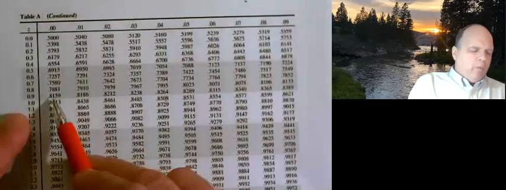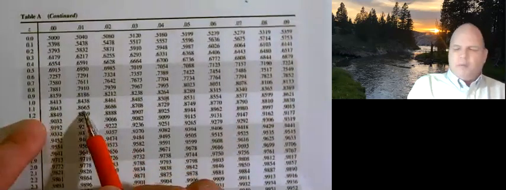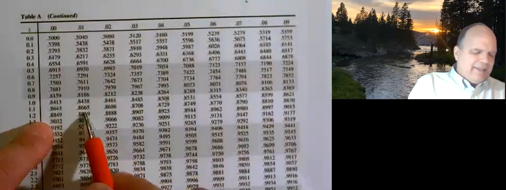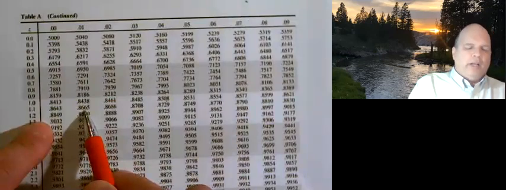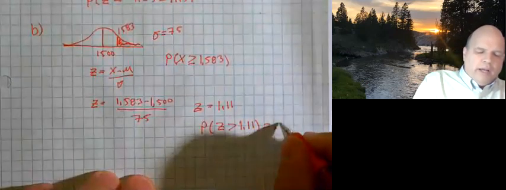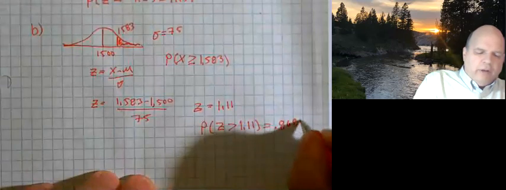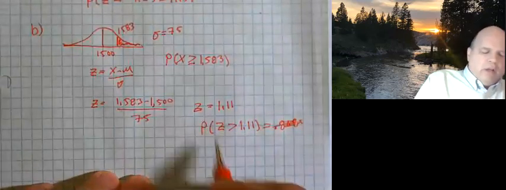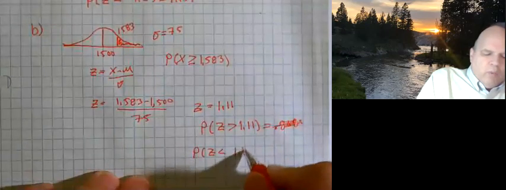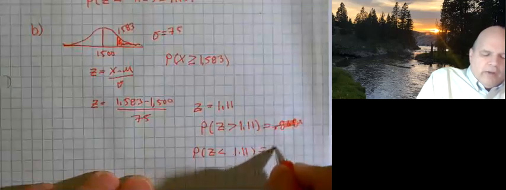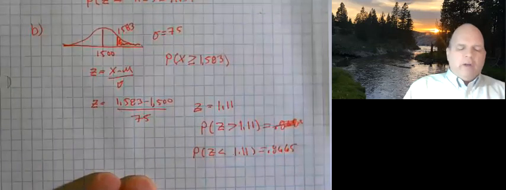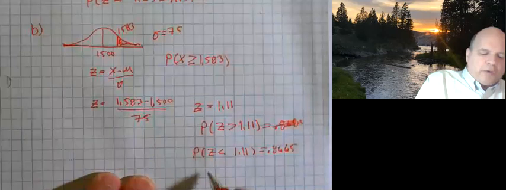When I look up 1.11 on the z table, I see a value of 0.8665. That's incorrect. The probability that z is less than 1.11 equals 0.8665. So if I want the probability that it's greater than that, or that it's above it, I'm going to have to subtract from 1.